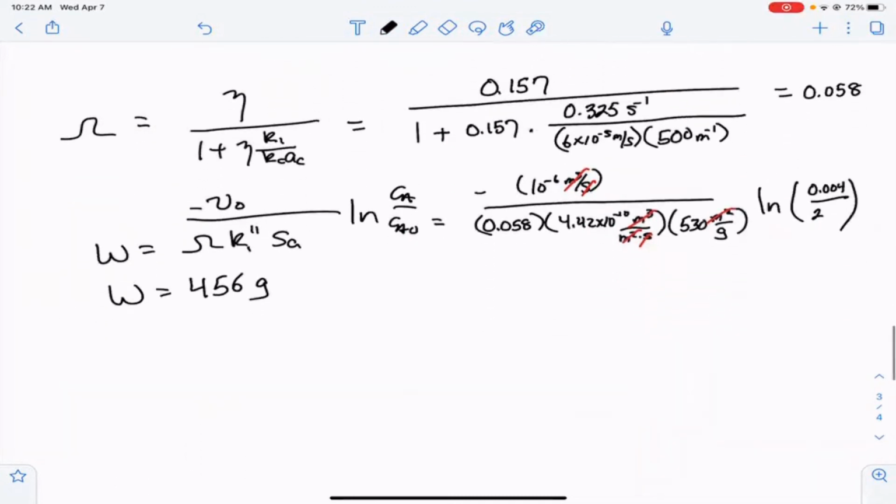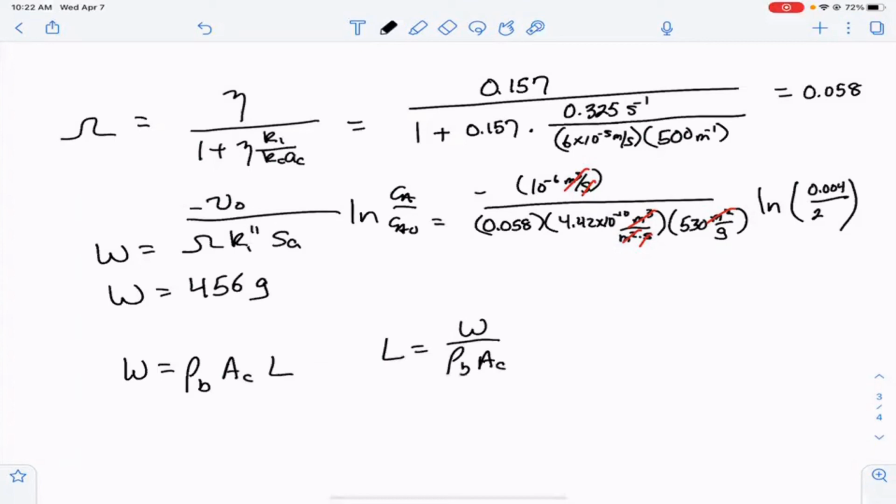The last thing that we could do as well is we could calculate the reactor length if we wanted to. And we know in our system that the weight is equal to rho B times AC times the length. If we do that, I guess we'll rearrange this, and the length is equal to the weight over rho B times AC.